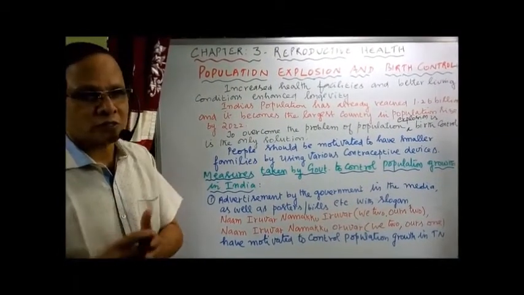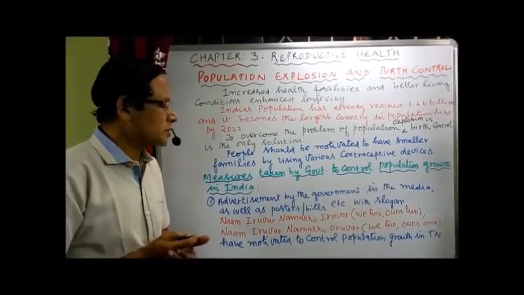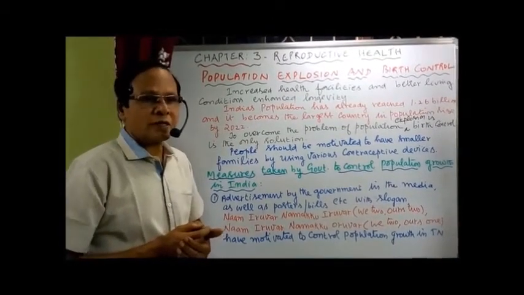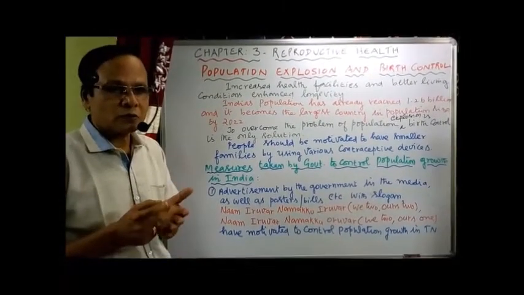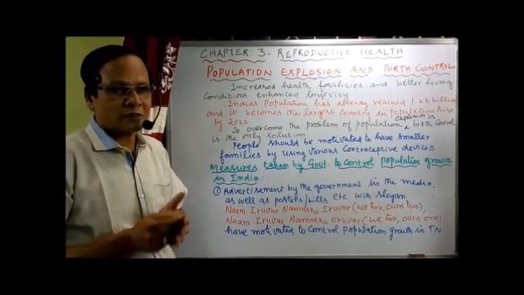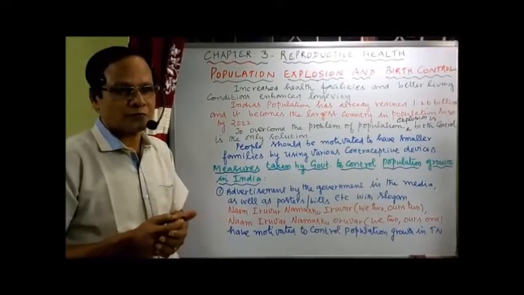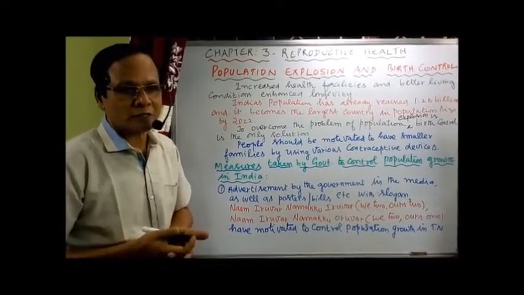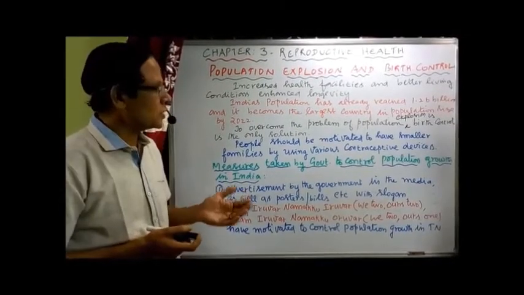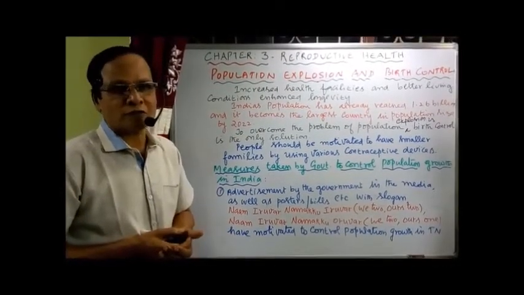This is the second measure. Third measure, nowadays the government is giving incentives, the bonus, to the couples who have smaller families, that is only one child or two children. They are being given incentives in the form of bonus, some compliments, etc. by the government to motivate the people to have smaller families.